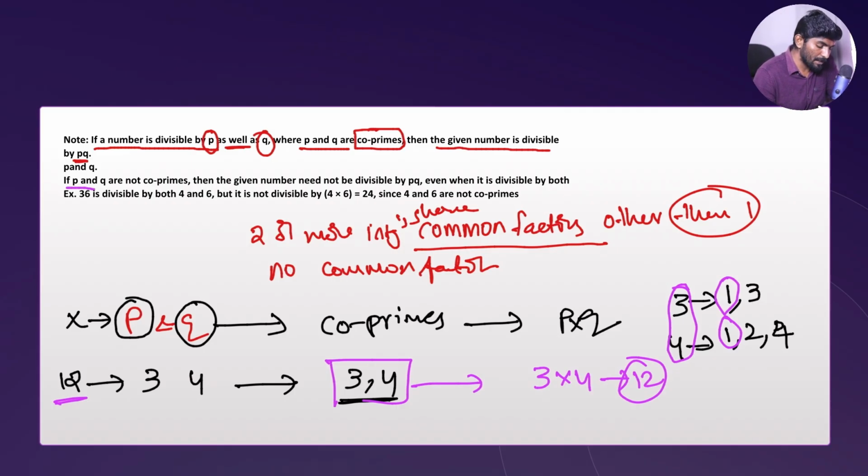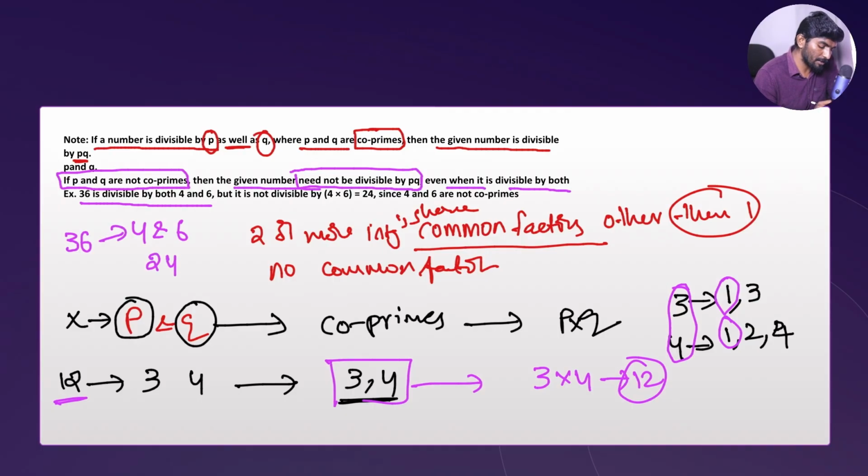But if P and Q are not co-primes, then the given number need not be divisible by PQ, even when it is divisible by both. Example, 36 is divisible by 4 and 6, but it is not divisible by 24.